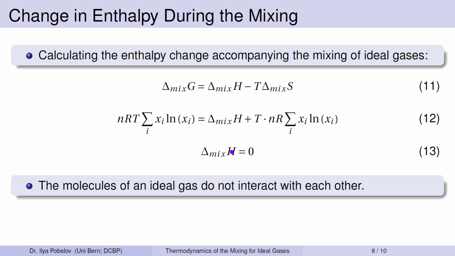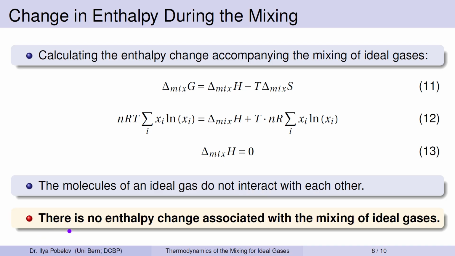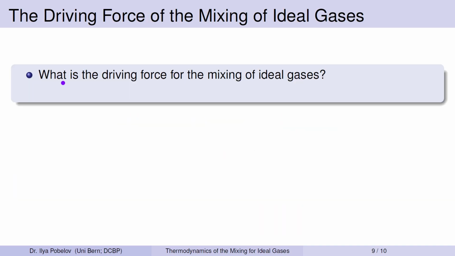This result makes sense because the molecules of an ideal gas do not interact with each other. Therefore, there is no enthalpy change associated with the mixing of ideal gases. What is the driving force for the mixing of ideal gases?